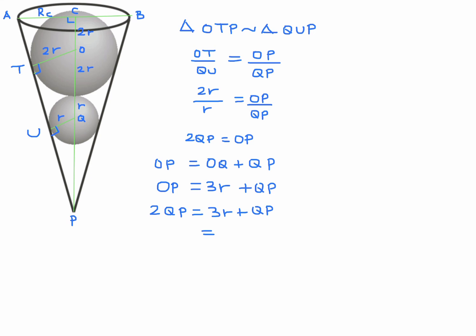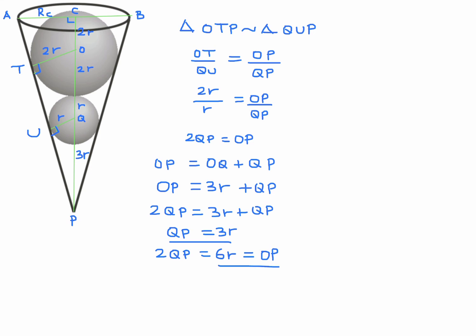If you put one QP on the other side, we get QP is equal to 3r. That's a very helpful finding, that the distance from Q to P is 3r. So I'll put that in here, 3r. And also we know that 2QP is equal to OP, so 2 times QP is equal to 6r, and that is OP.